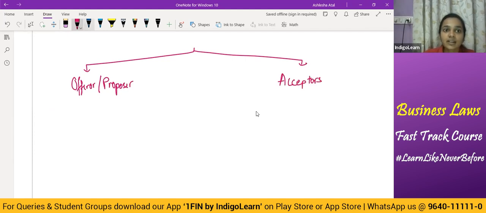So when is the communication of acceptance complete from the proposer's point of view, and when is the communication of acceptance complete from the acceptor's point of view? So there are two different situations here. From the offerer's or the proposer's point of view, the communication of acceptance is complete when the letter is put into the course of transmission.